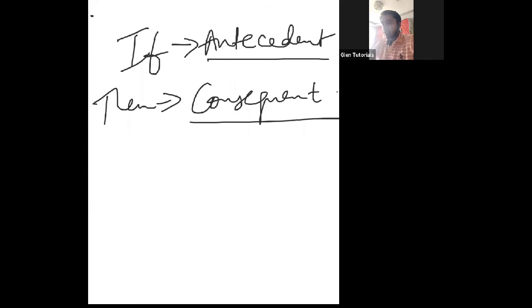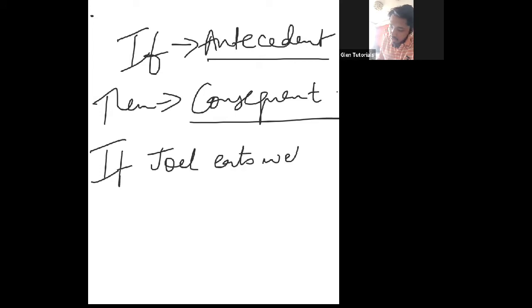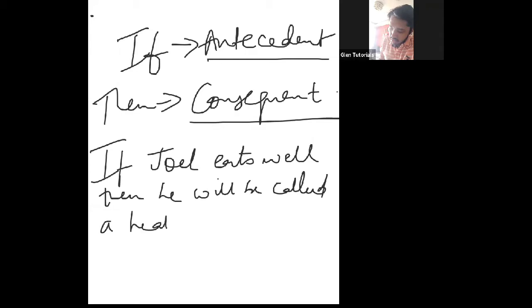Okay, now the same statement I can write in an inverse way. You know, in active and passive voice, you can convert passive to active, active to passive. Do something like this. What is the statement? If Joel eats well, then he will be called a healthy boy.